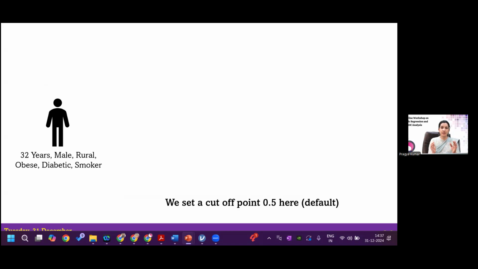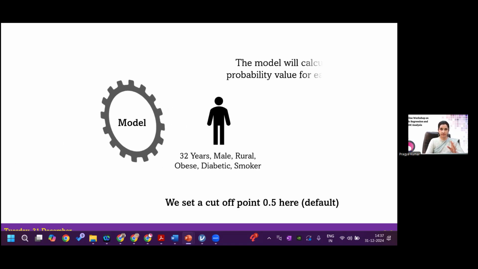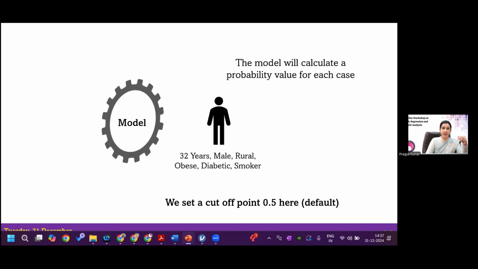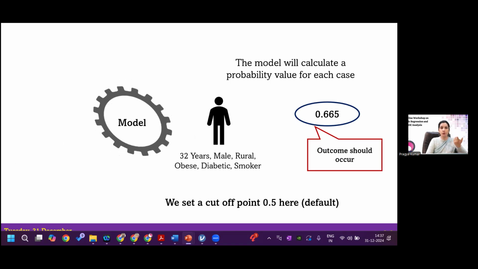And if he is having a probability of less than 0.5, then he doesn't have that particular outcome. So if this is the person and you have developed a model and then you are predicting, and the model calculates a probability for each of these cases. So if the probability value is 0.665, I will say that yes, the outcome should occur. Why?